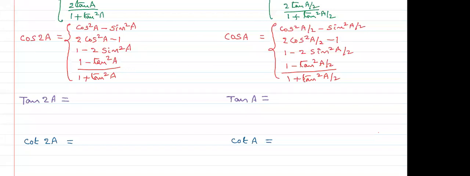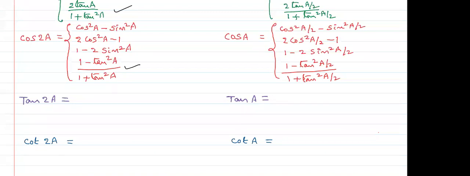Now see the tan 2a formula. Tan 2a means sin 2a divided by cos 2a. Here the sin 2a formula is there in terms of tan and the cos 2a formula in terms of tan. Divide both. 1 plus tan square a, 1 plus tan square a is going to cancel.